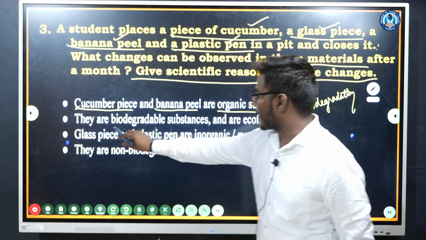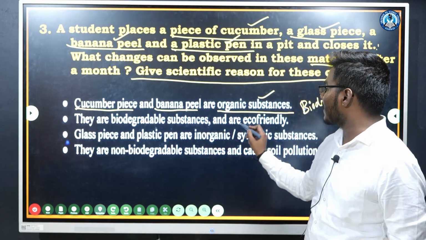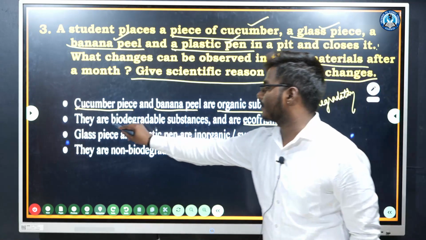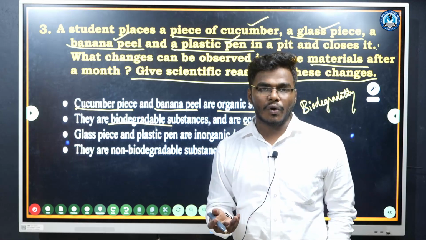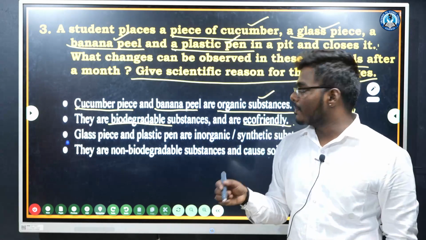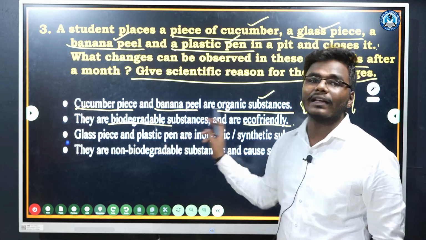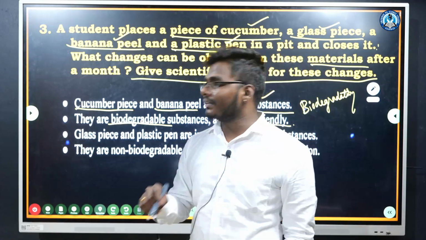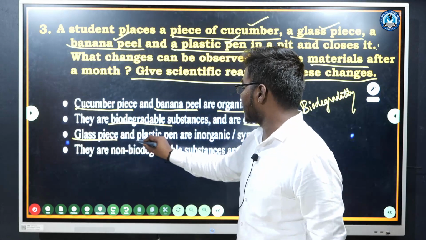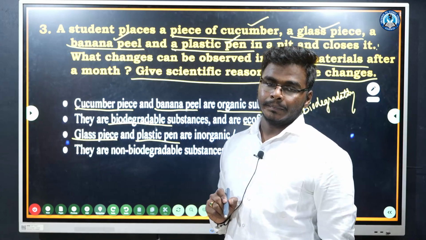So they are biodegradable substances and are eco-friendly. Eco-friendly in the sense they get mixed into the soil. As they get into the simpler form, they mix into the soil and are eco-friendly, and they are not going to disturb our environment.